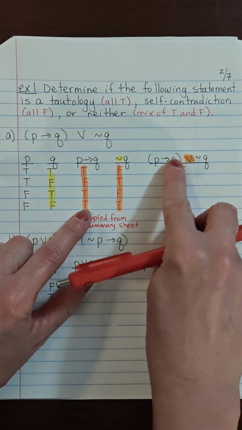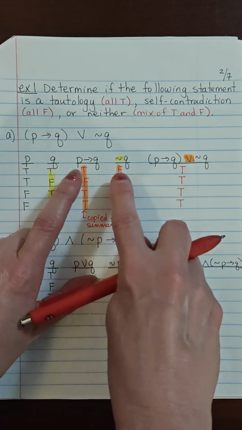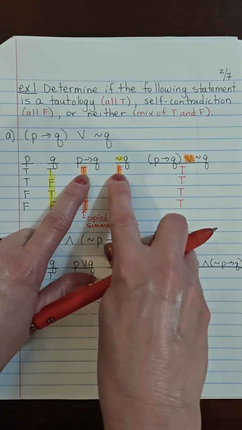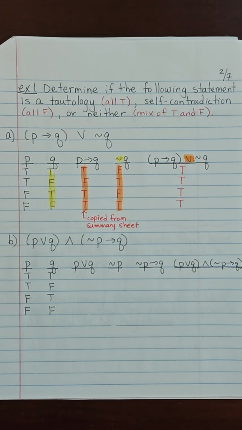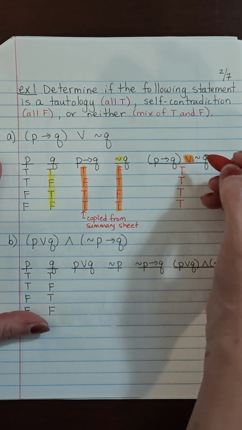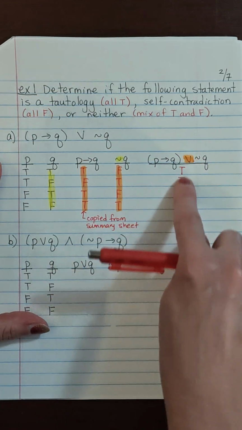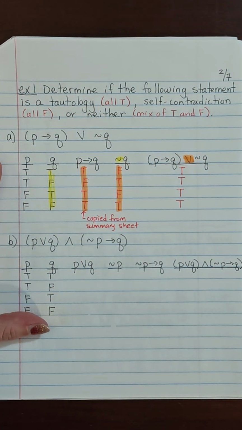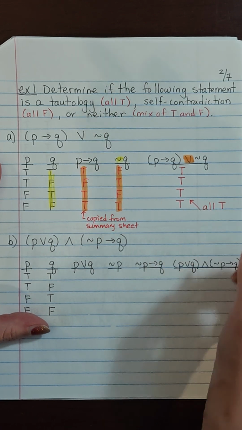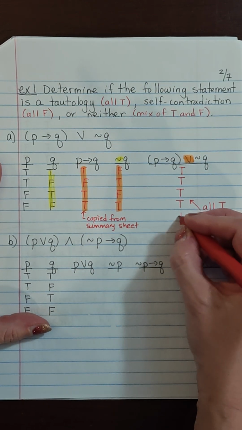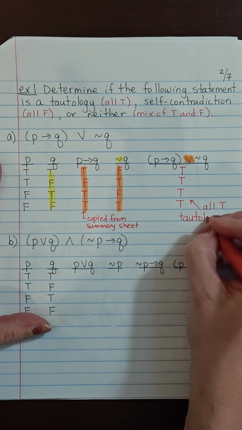No. Remember, this column is only false if both of these are false. That never happened, so it's always true. Because this statement is this column right here, this column is all true, so the statement is a tautology.